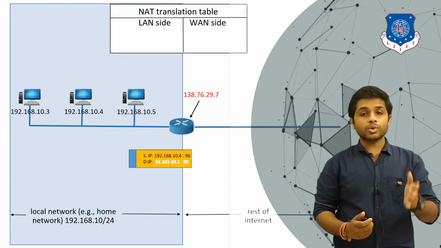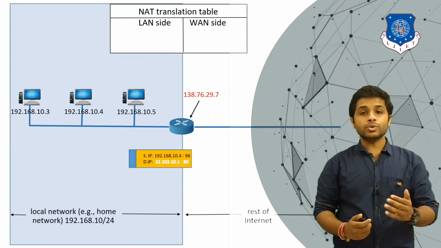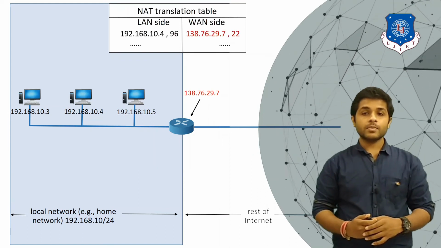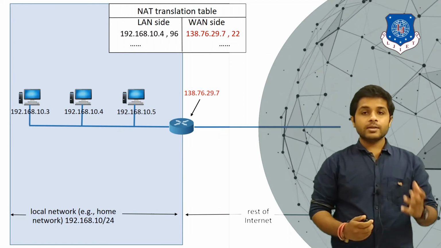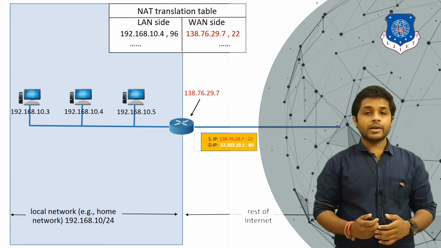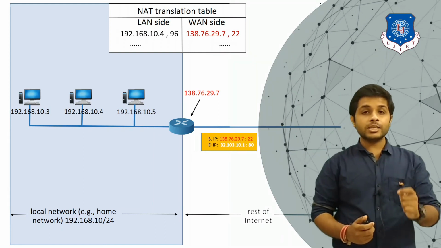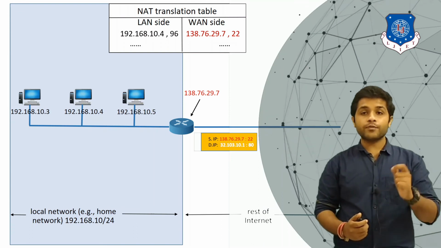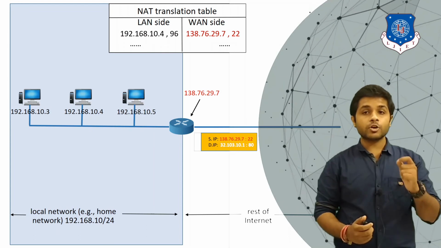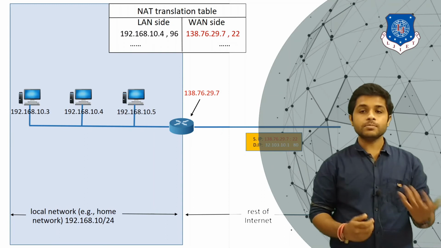It will change the source IP from 192.168.10.4 and its port to its own IP and its own port address. You can see that the entries are being made in the NAT table, and in the message the address is changed to 138.76.29.7 with a new port, and this message will be sent to the destination.